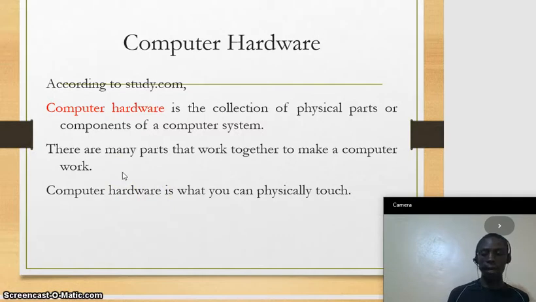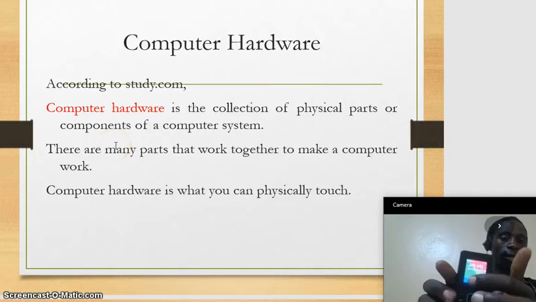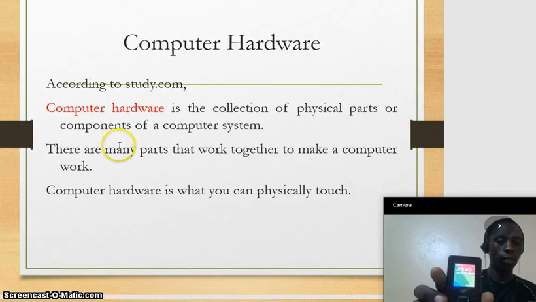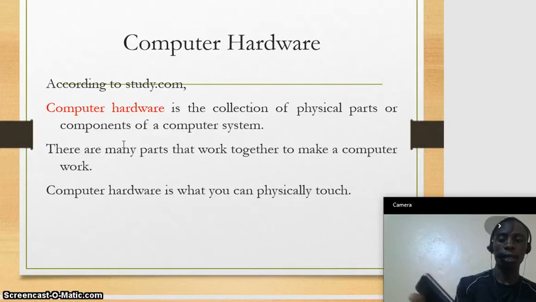If something is physical, like this phone, look at this phone, this is a physical phone, I can physically touch it and see. If I click on it, here it has what we are calling the system software, the operating system. Let me unlock the phone.